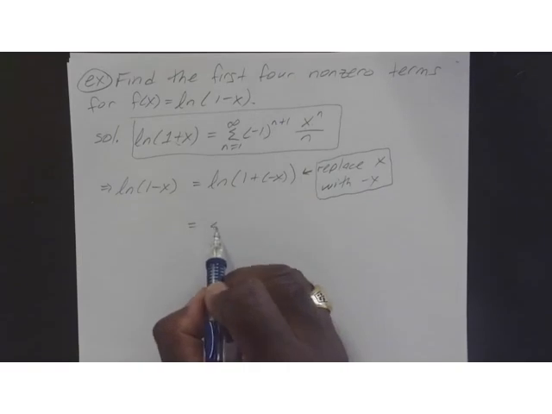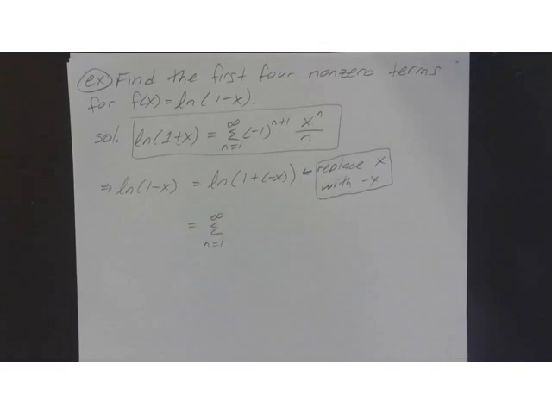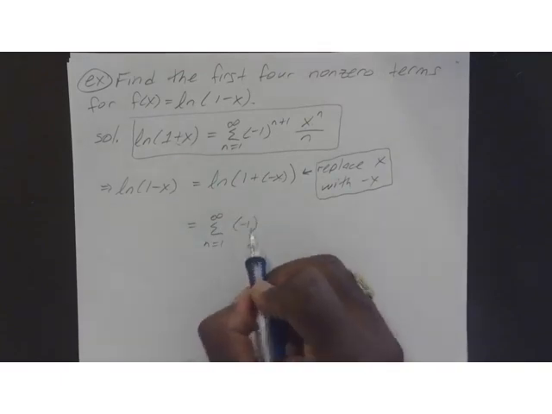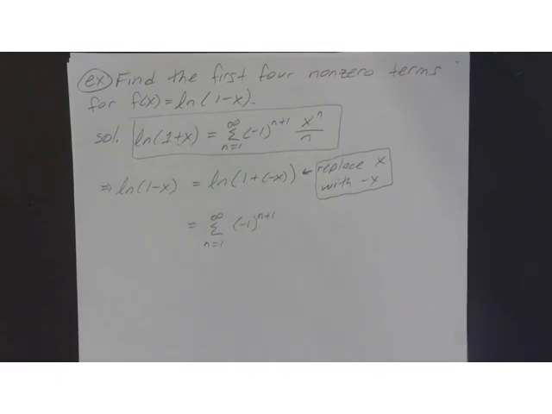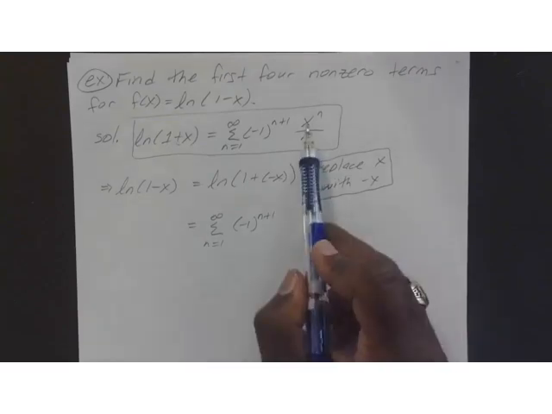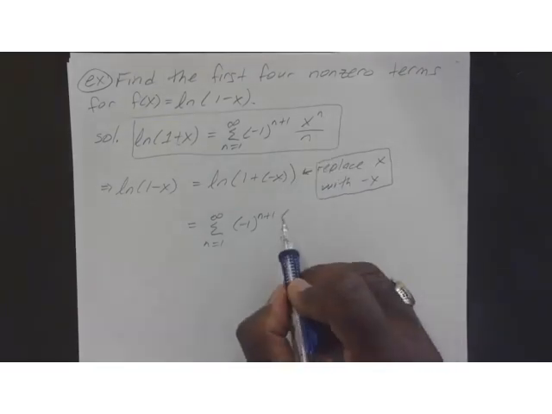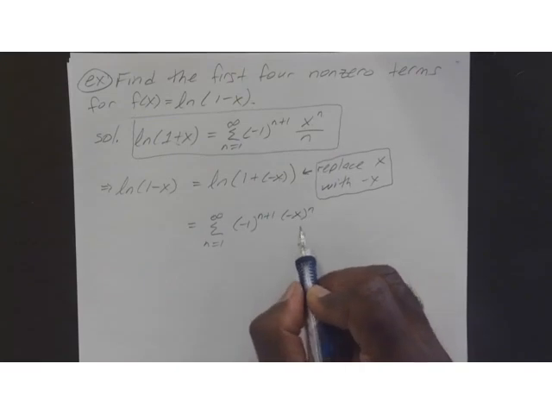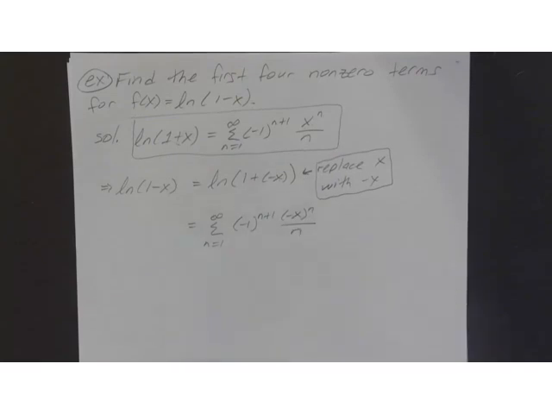So we know that's going to equal the sum from n equals 1 to infinity of negative 1 to the power of n plus 1 times negative x to the power of n divided by n.